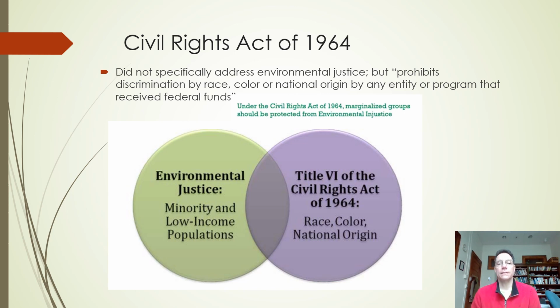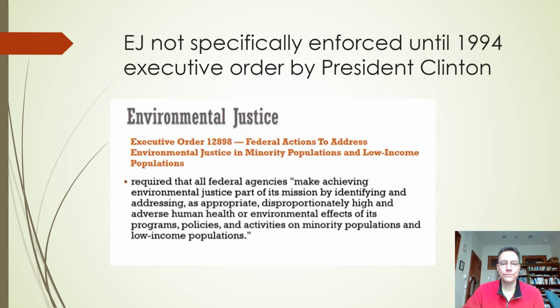So basically it was saying any action that receives federal funds or is done by a federal agency can't discriminate on those grounds. So in the green text there, you could say under the Civil Rights Act, marginalized groups should be protected from environmental injustice. And the little circles here are showing you how these two things should coincide. So the Civil Rights Act of 1964 should dovetail with environmental injustice. It hasn't always, but in theory it should.